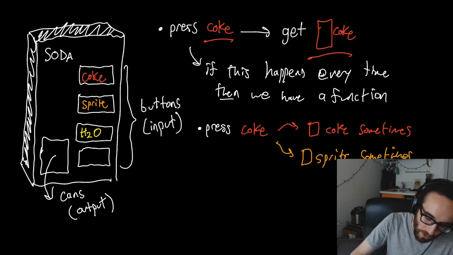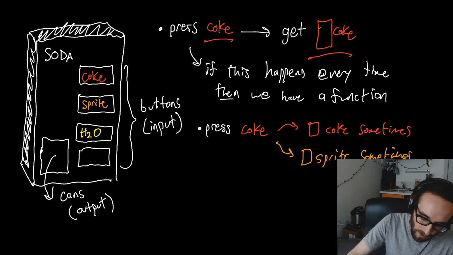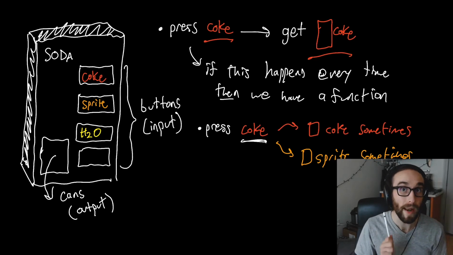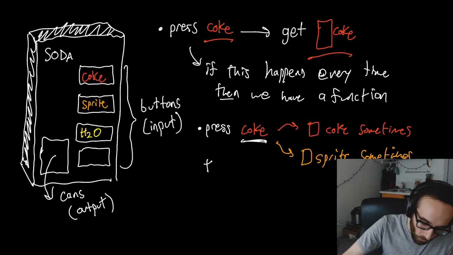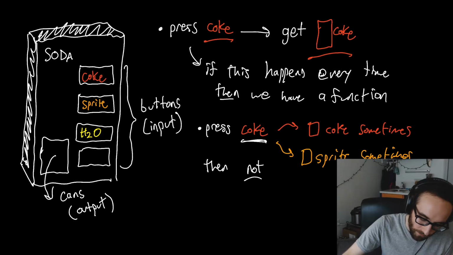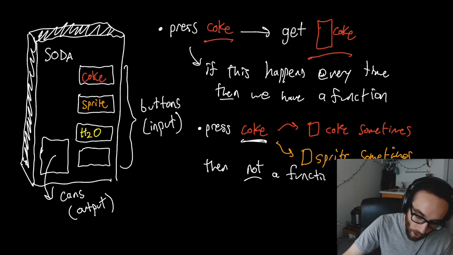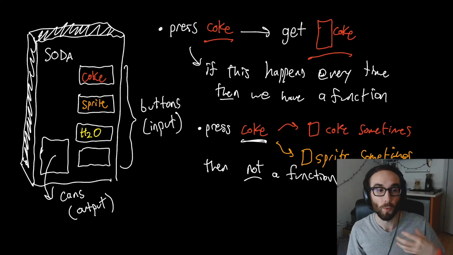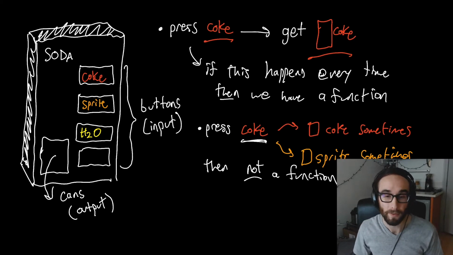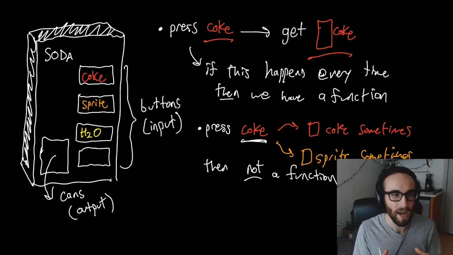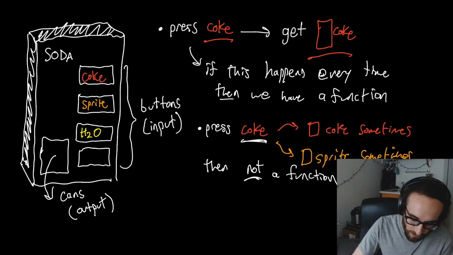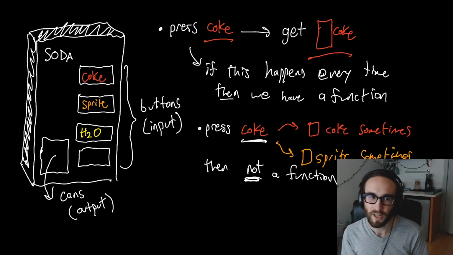In this case, because our input of Coke can result in more than one output, so there are two different sodas that could be coming out when we press Coke, then we do not have a function. There's more than one output associated with that one input. It's not a function, and also the soda machine isn't working correctly. I don't want to press the Coke button, really craving a Coke, and then have a Sprite come out. I would be a little bit disappointed in that case. Here we don't have a function, so it's like our machine isn't working right.